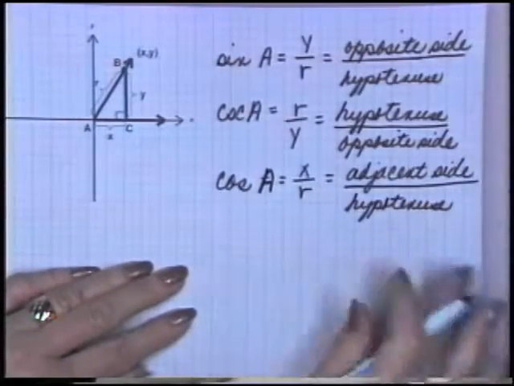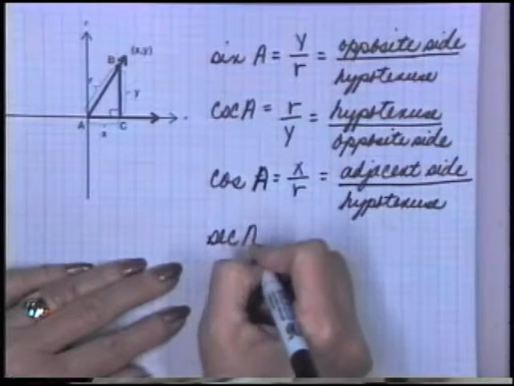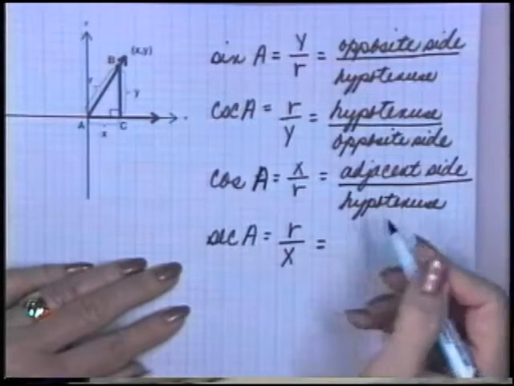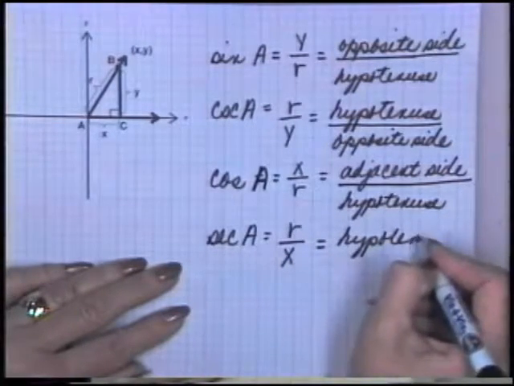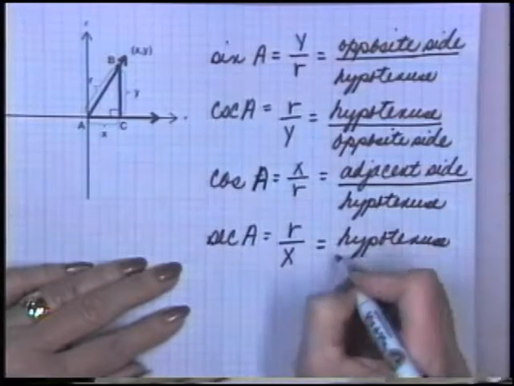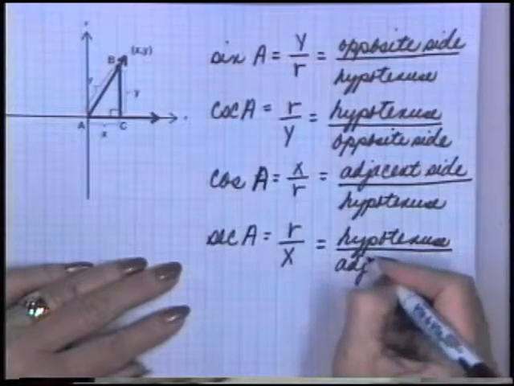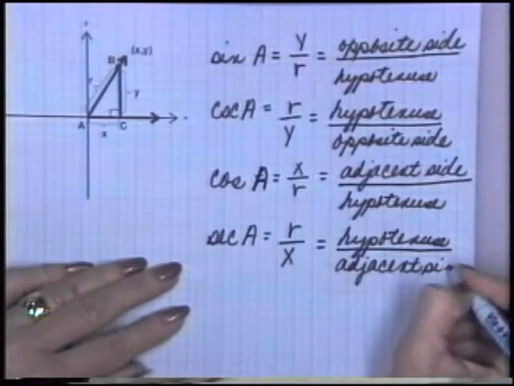Let's go ahead and get that reciprocal relationship. That would be the secant of angle A equals r divided by x, which would be the hypotenuse, divided by the length of the adjacent side.